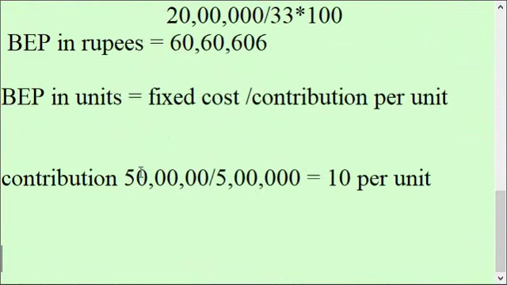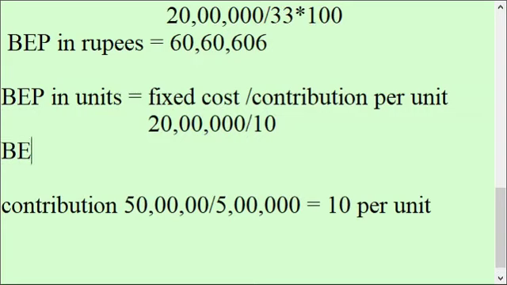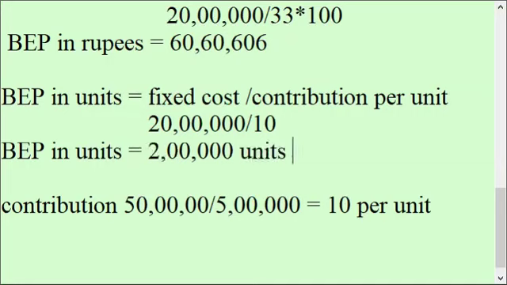So 50 lakh divided by number of products produced, 5 lakh. So that will give a contribution per unit of 10. Okay, so now fixed cost is 20 lakh divided by contribution per unit 10. So 20 lakh divided by 10, BP in units is equal to 2 lakh units.